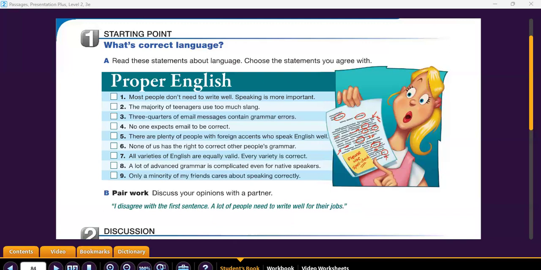For example, we have Australian English. I don't know if you have ever heard an Australian speaking English, with an Australian accent. You have to pay attention carefully, but it's valid because that's the way the people speak in that place.